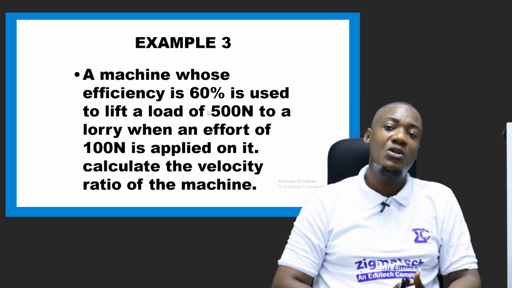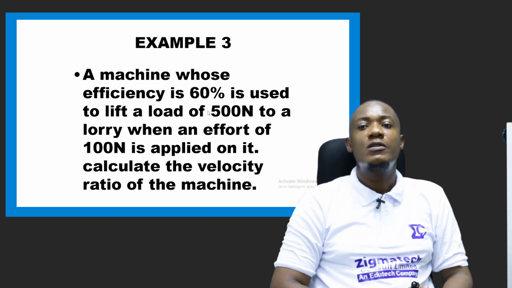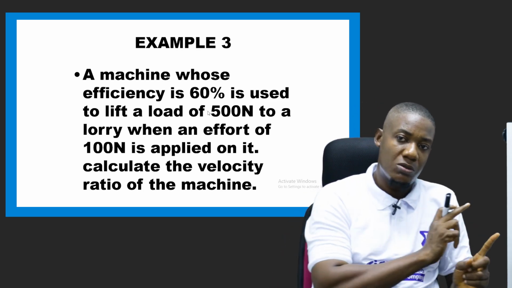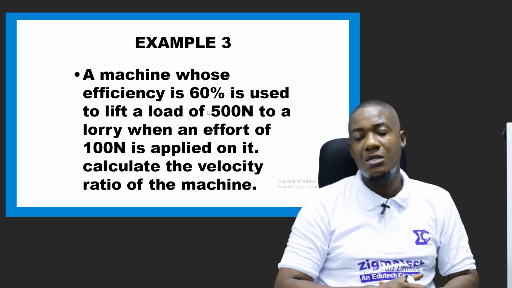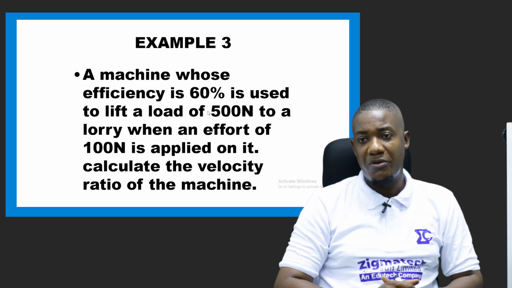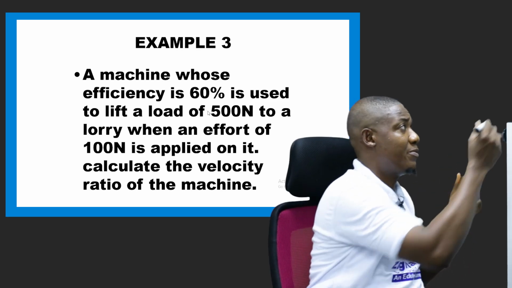Calculate the velocity ratio of the machine. So first is to write out the parameters. The parameters will give us a direction to which formula to use and what to do to get what we are looking for, what we're asked to calculate.